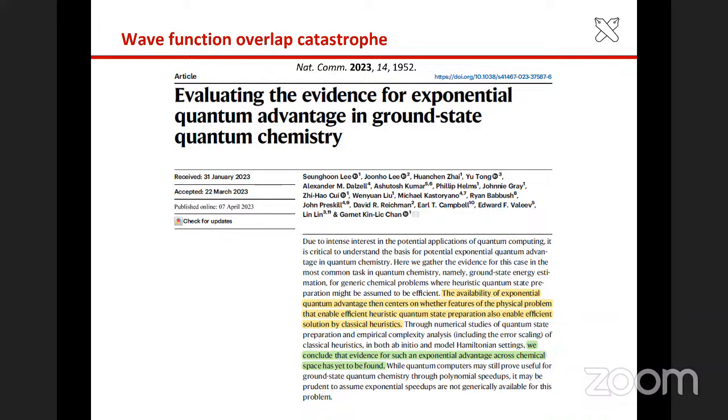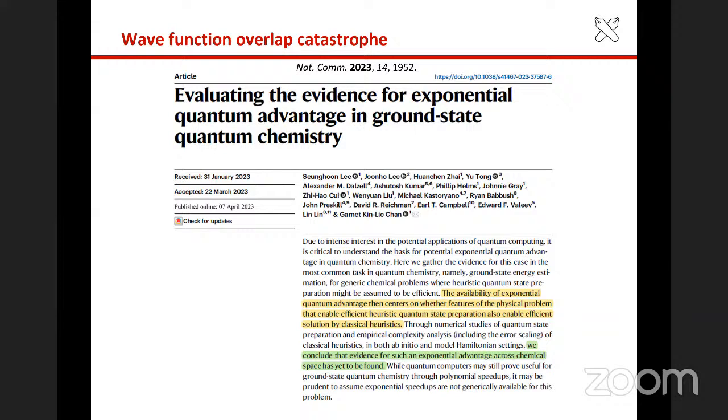So roughly speaking, in order to accelerate quantum chemical calculation using QPE, we have to generate some approximate wave function using a quantum heuristic in polynomial time.